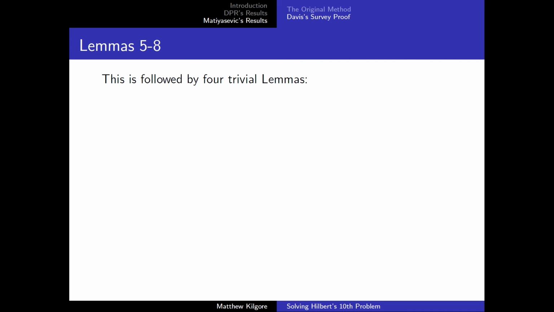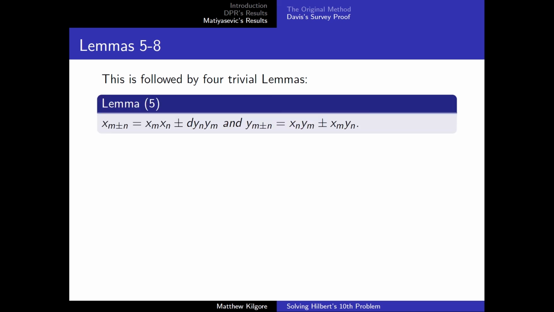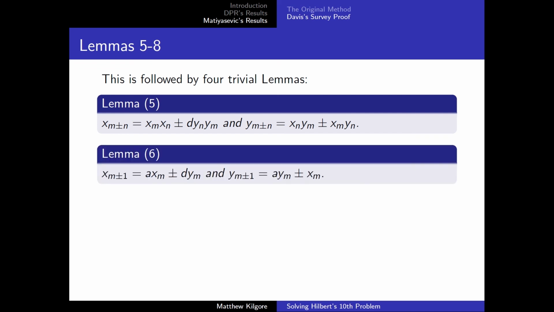Now, with this algebra, we have lemmas 5 to 8. They're all very simple, more or less bash problems. You can solve them very quickly, so we'll state them without proof. Lemma 5 states that x_(m plus or minus n) equals x_m x_n plus or minus d y_n y_m, and correspondingly y_(m plus or minus n) equals x_n y_m plus or minus x_m y_n.